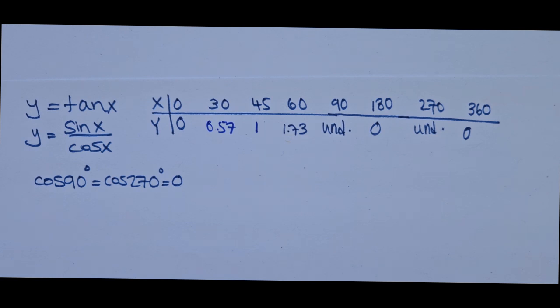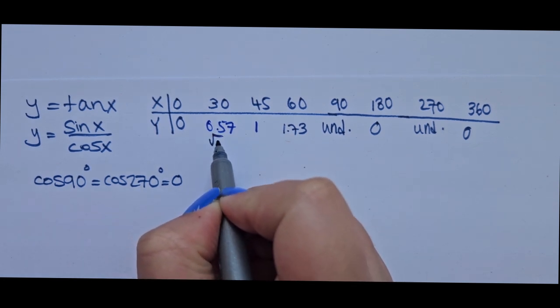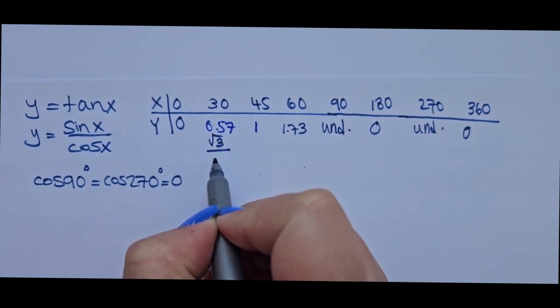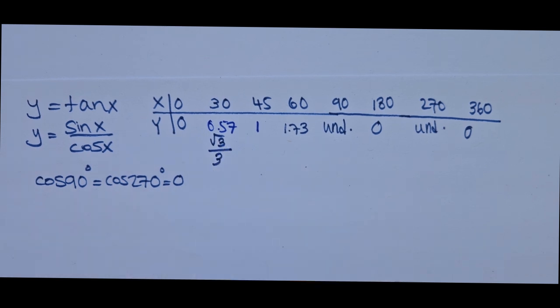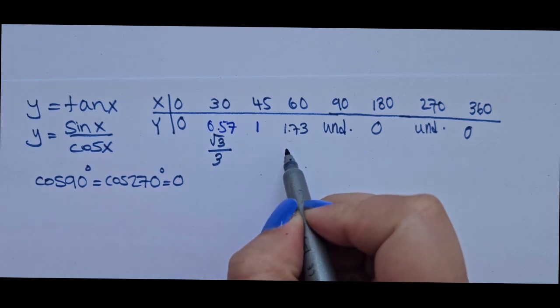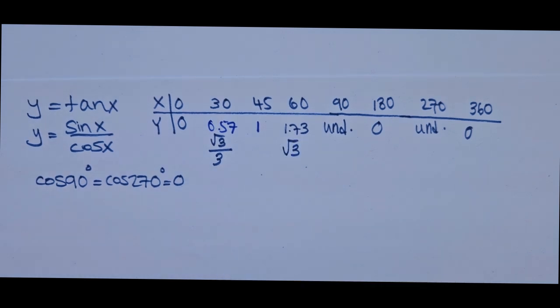You can use your calculator, put it in degree mode, and find the values. So tan of 0 is 0, tan of 30 is square root of 3 divided by 3, tan of 45 is 1, and tan of 60 is sine of 60 over cosine of 60, which is square root of 3. I just rounded it.